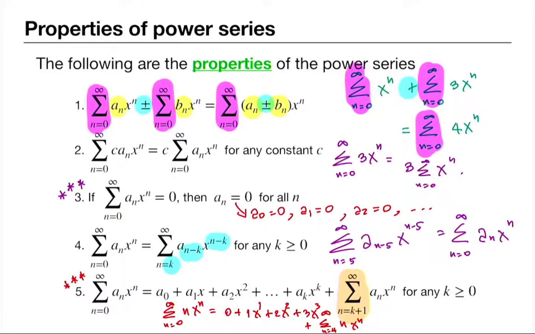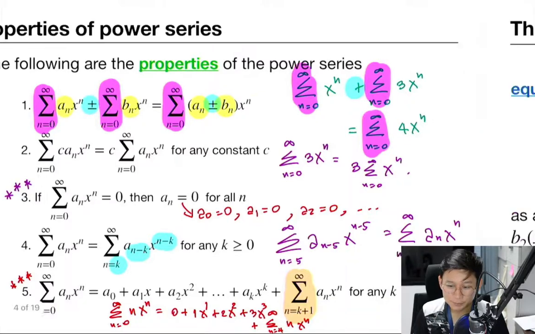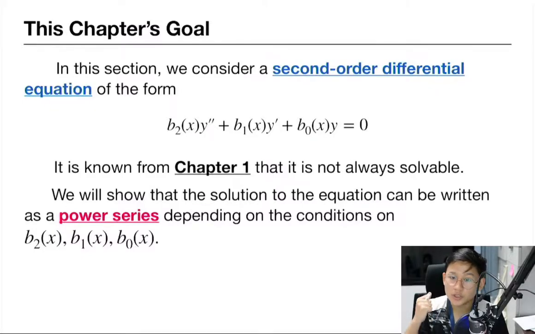Okay, and that is the property of power series. Okay, guys, again, we haven't talked about the differential equations yet. We're gonna talk about that soon. The goal of this chapter, what we really need in this chapter. So in this section, we consider a second order differential equation of the form, so it's in this form, okay?